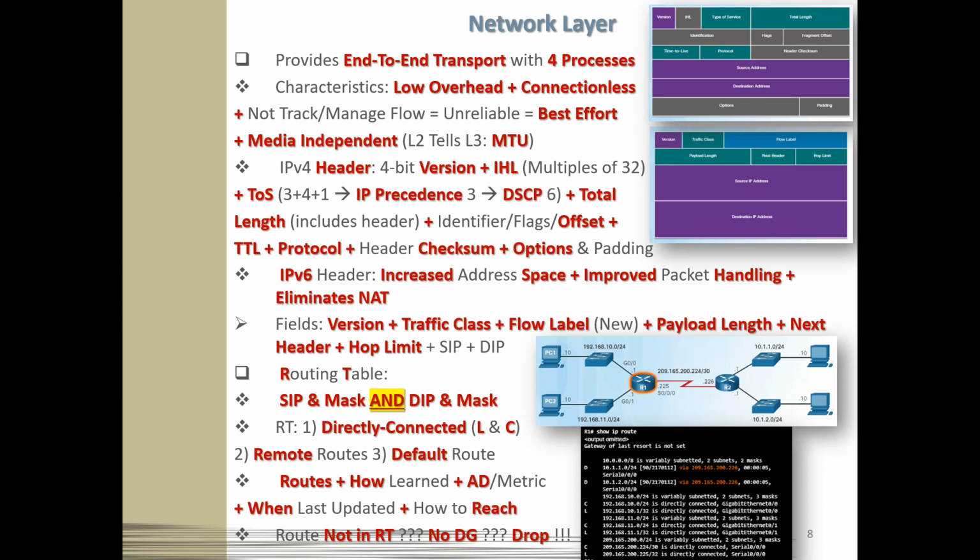Second IPv4 header field, IHL, Internet Header Length. So a 4-bit field containing the length of the IP header. So remember, Internet Header Length, or IHL, has to do with the length of header. And this length is in 32-bit increments, meaning that if we have the minimum length of an IP header, that is 20 bytes, then we have 5 32-bit increments.